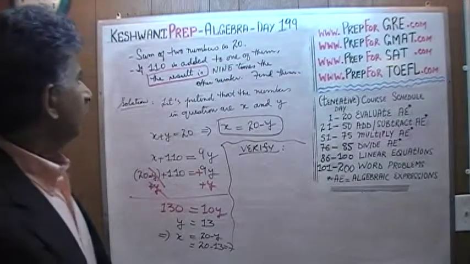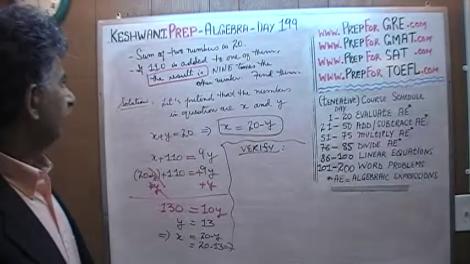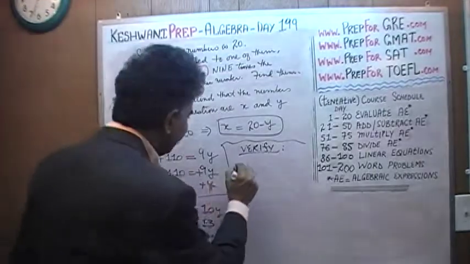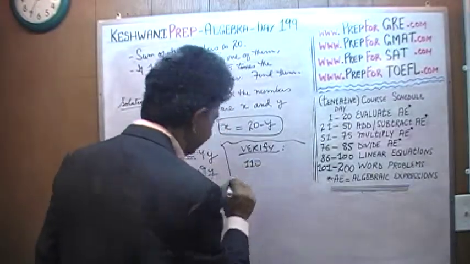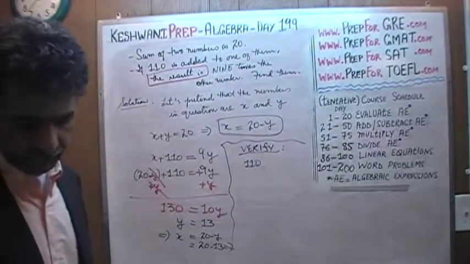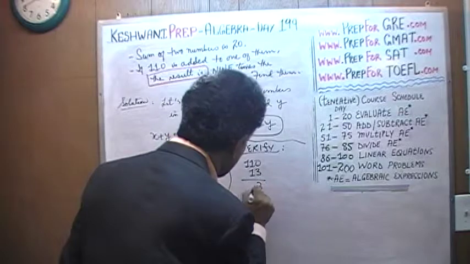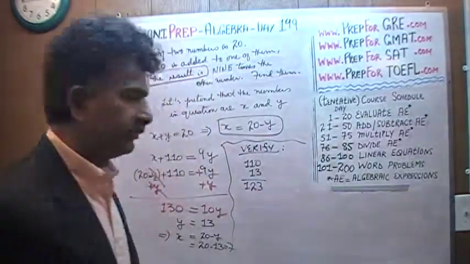Now we are told that if we were to add 110 to one of them, the result is 9 times the other. So if you were to add 110 to 13, we get 123.